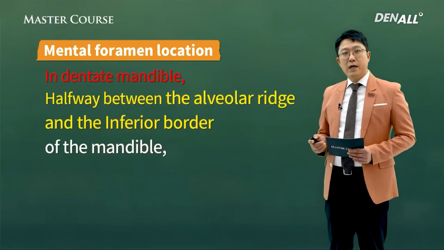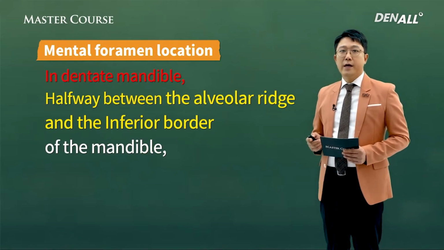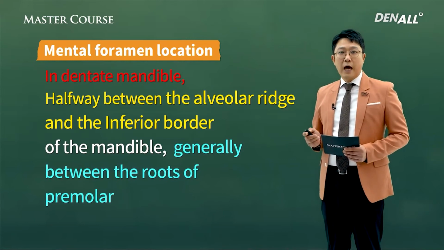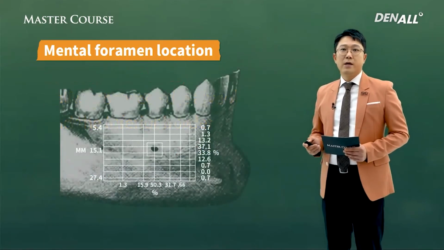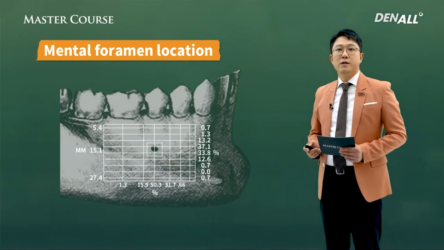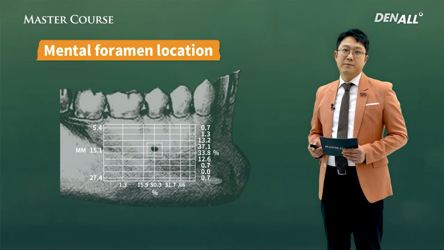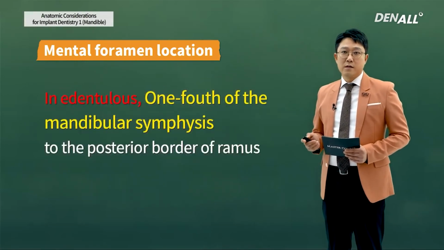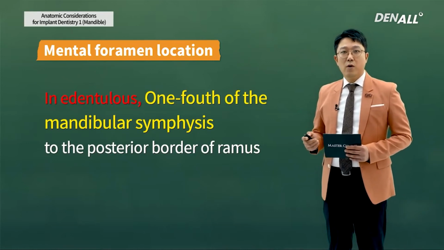In dentate mandible, it is located halfway between the alveolar ridge and the inferior border, generally below the roots of premolars. When there are teeth, the mental foramen is located inferior to a premolar root in general. In the edentulous case, if the location is not clearly shown on the X-ray, it can be confusing.